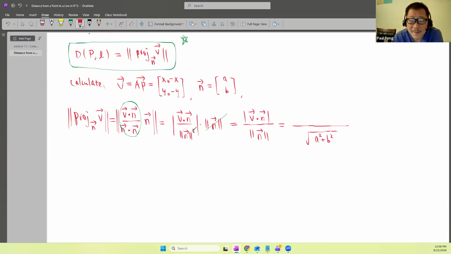The numerator is the absolute value of a times (x0 minus x) plus b times (y0 minus y). Let's put the x0 and y0 terms together.